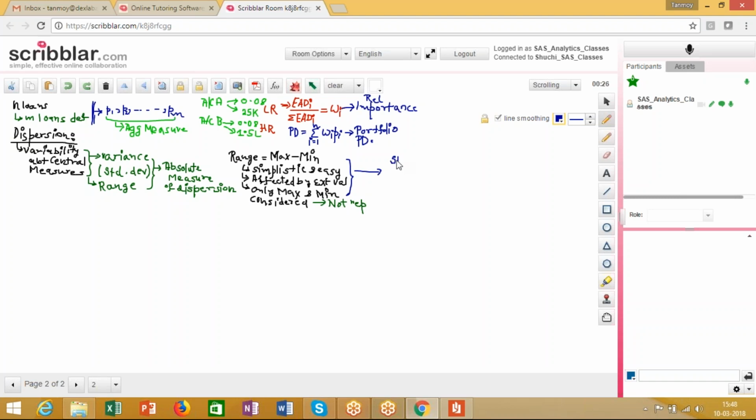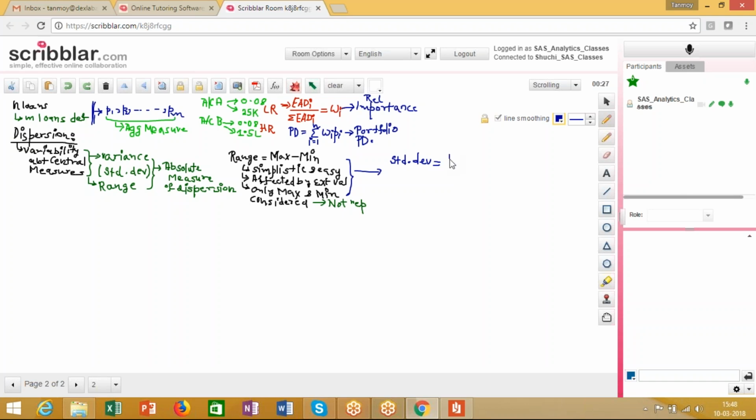The biggest advantage of standard deviation as a measure of variation or dispersion is that it considers all the values in the series, and it considers the deviation about the average value.